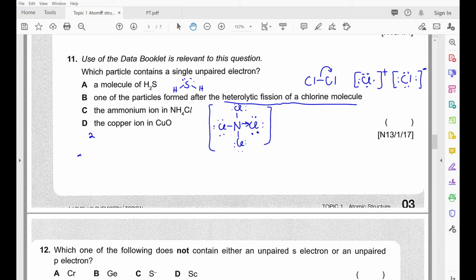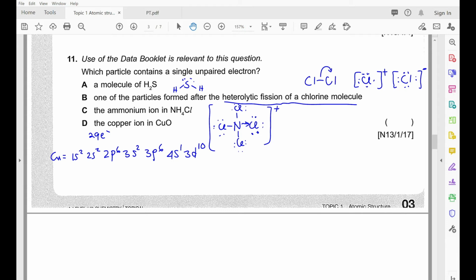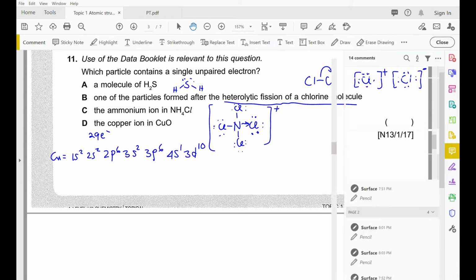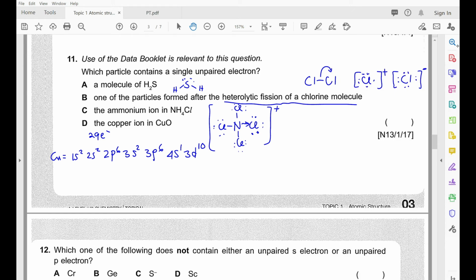Copper has 29 electrons, so let's write down the electron configuration. Remember, copper's electron configuration is rather special because the 4s orbital is half full and the 3d orbital is full.